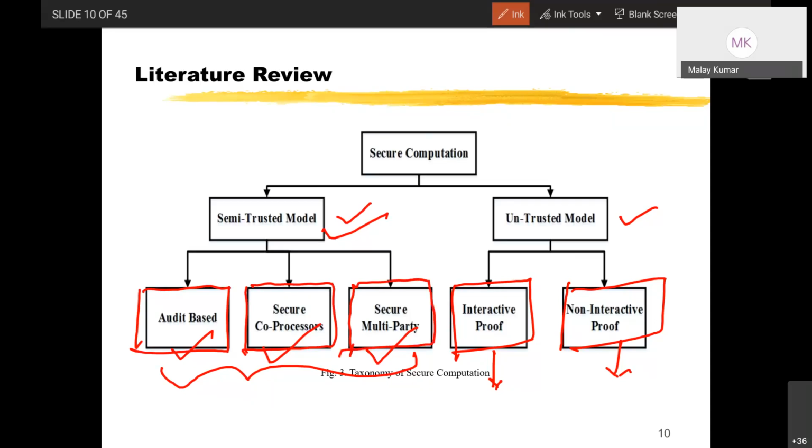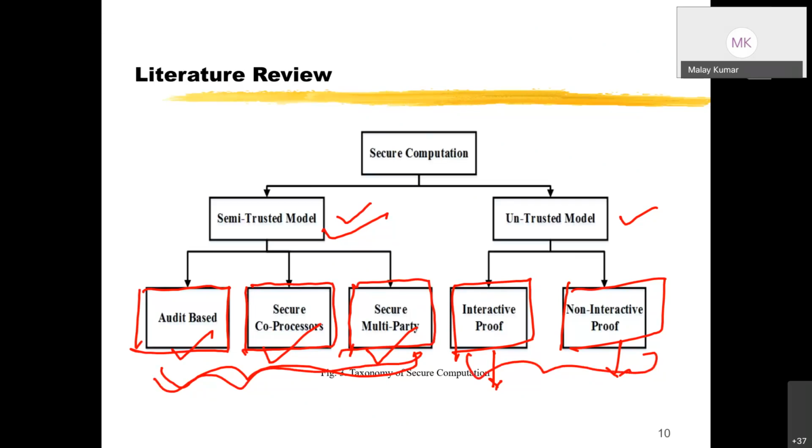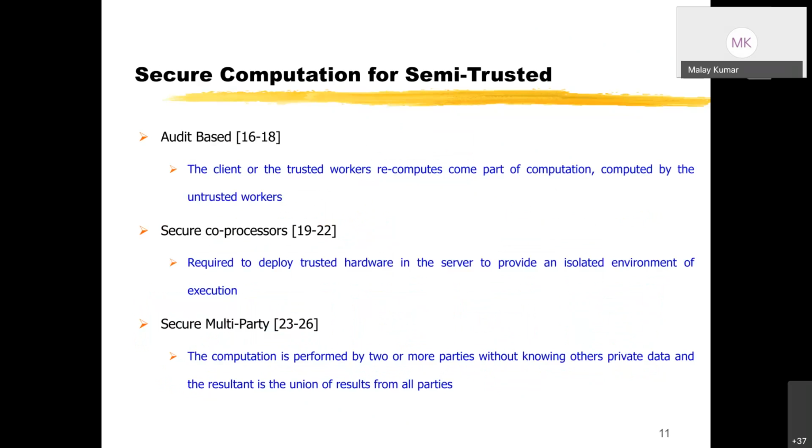Nobody is allowed to steal the confidential data, but they don't provide a verification mechanism, while these two methods provide the security mechanism and verification mechanism at the same time. So let's see what audit based models say.